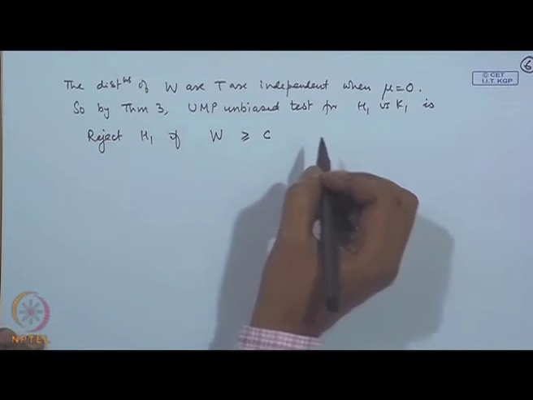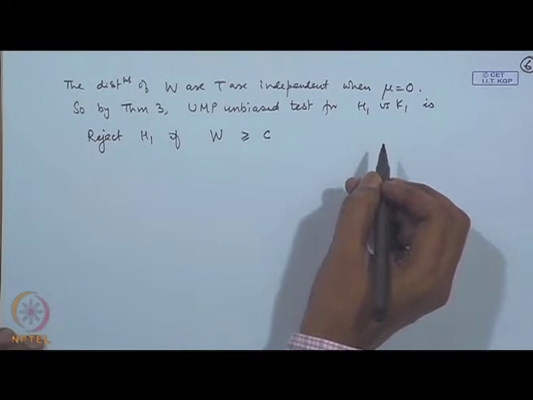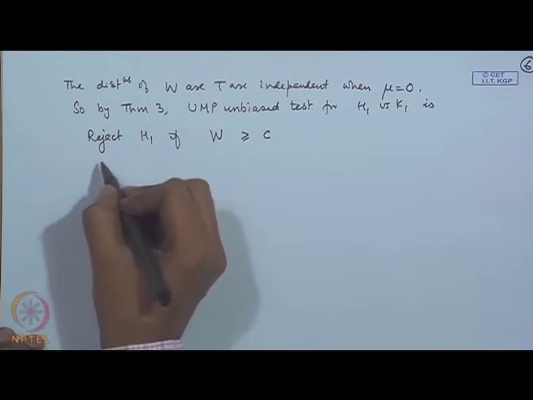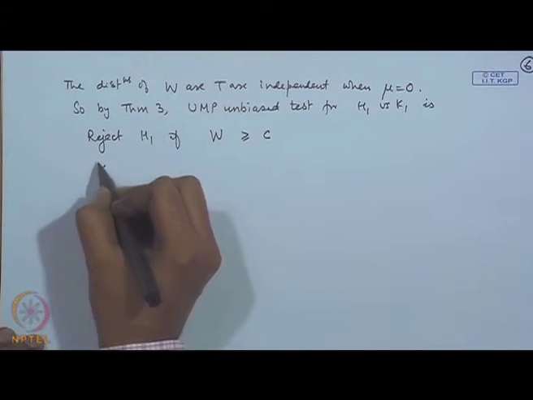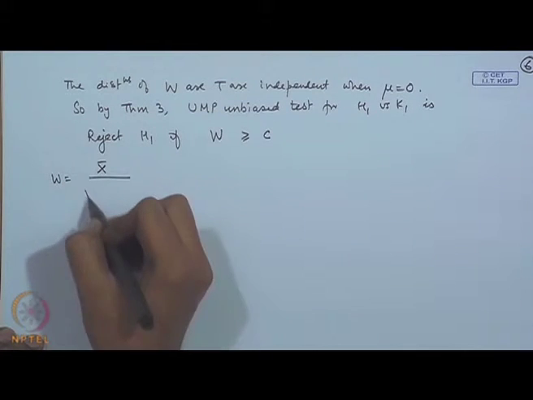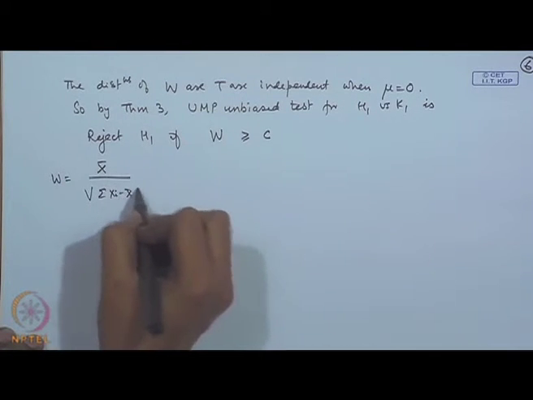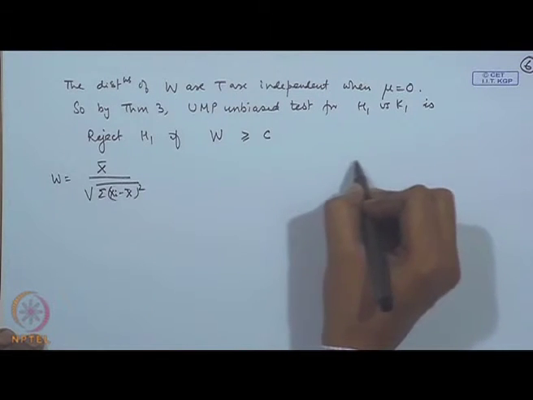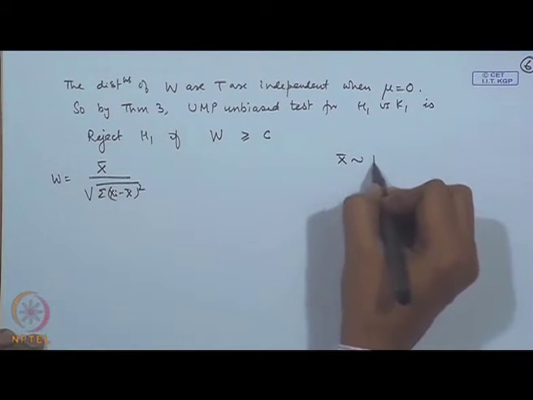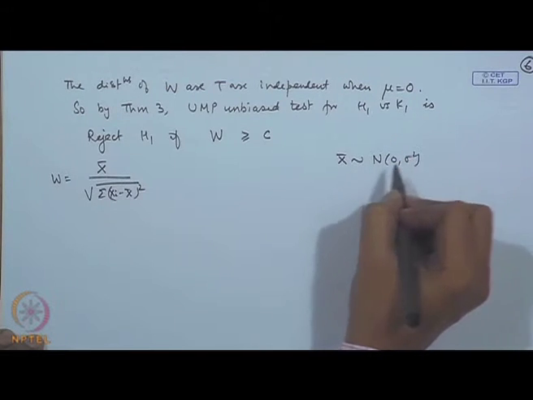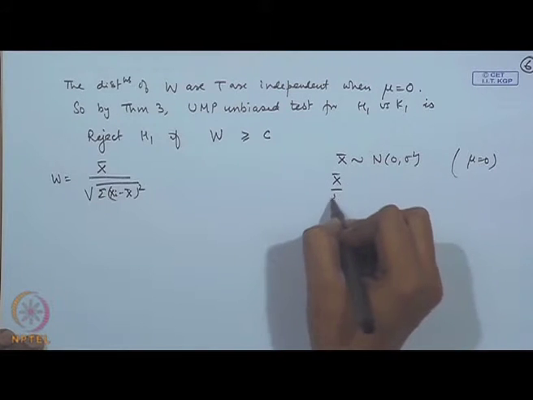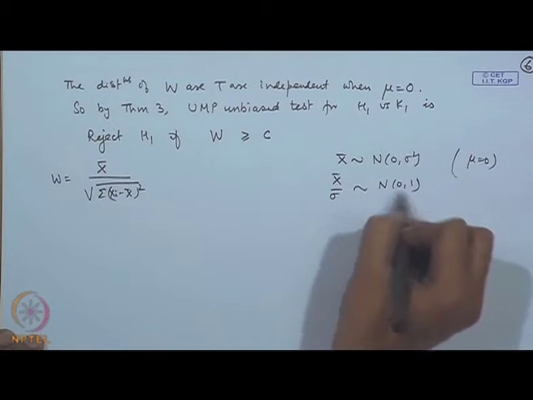Now, in order to look at the distribution of W, see the W is x bar divided by root sigma x i minus x bar whole square. So, we may consider here x bar follows normal 0, sigma square when mu is equal to 0. So, x bar by sigma follows normal 0, 1.